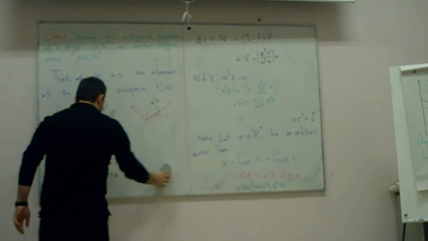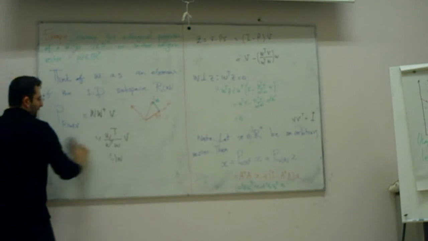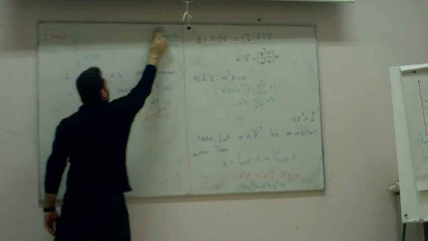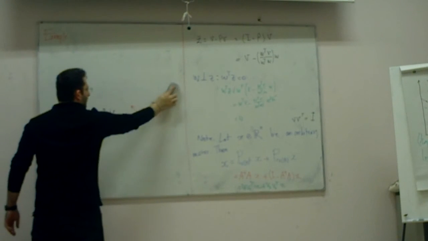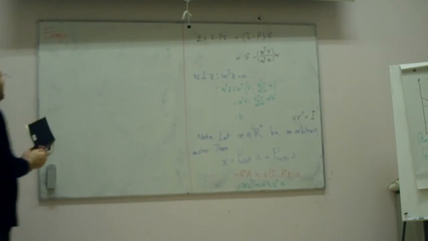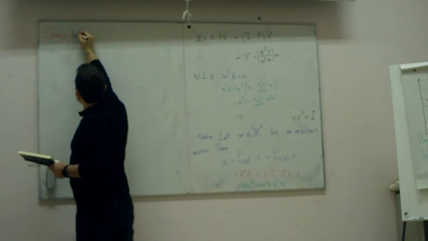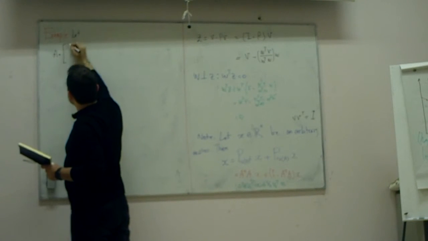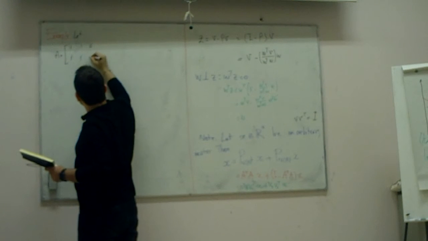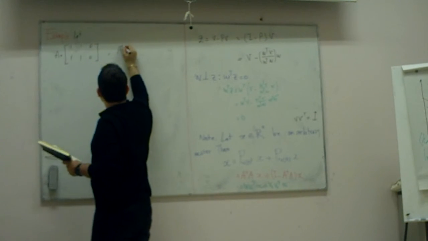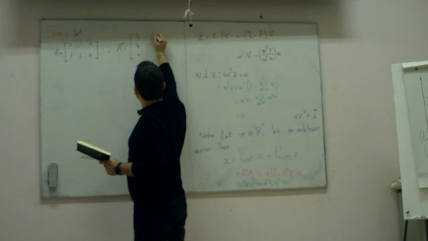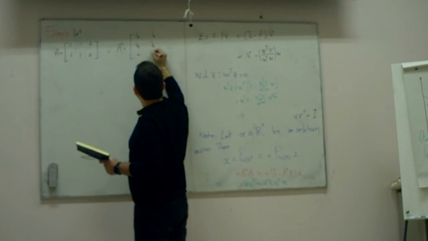Now let's see where we can use these formulas in a numerical example. Let A be 1, 1, 0, 0, and A plus be 1 over 4, 1 over 4, 0, 1 over 4, 1 over 4, 0.